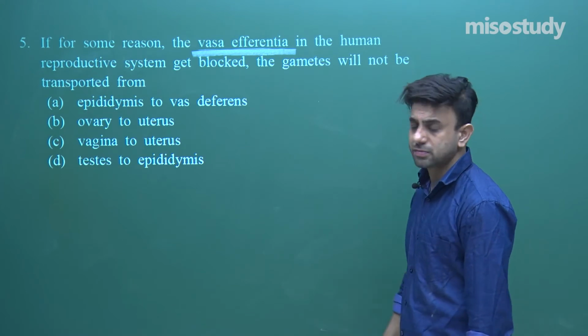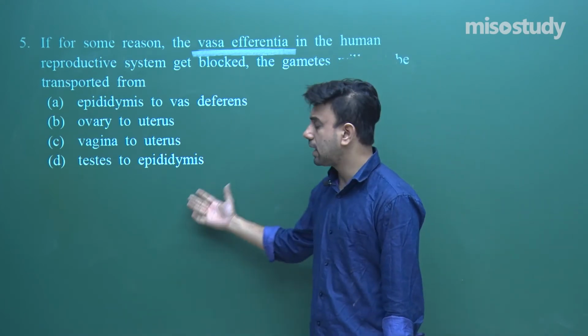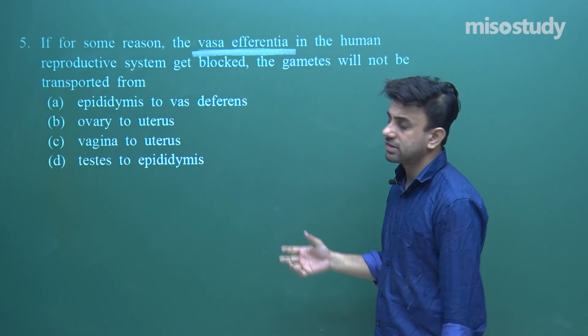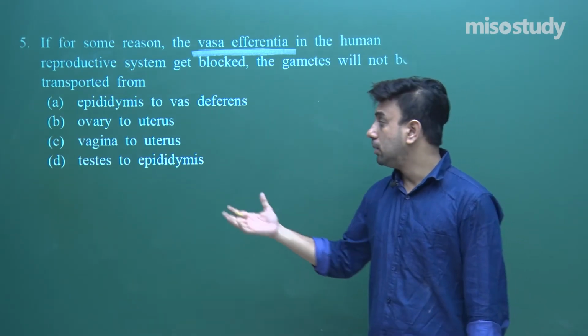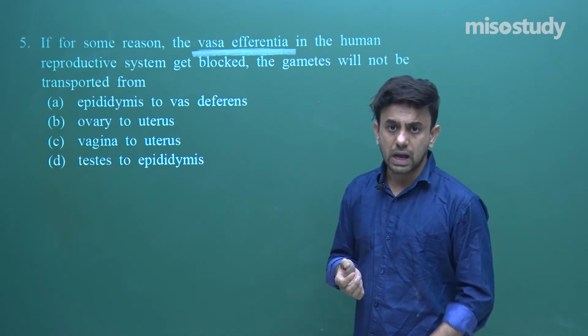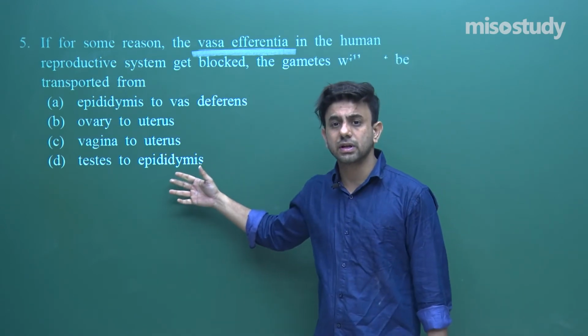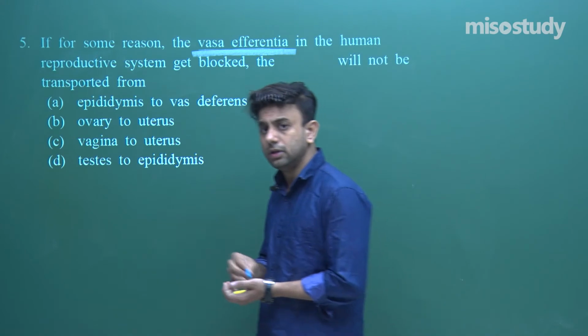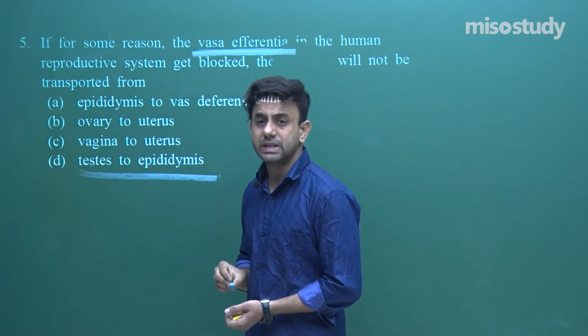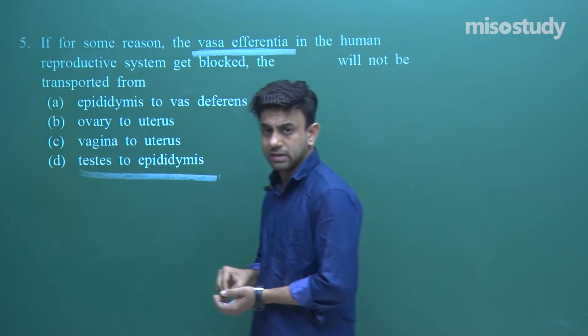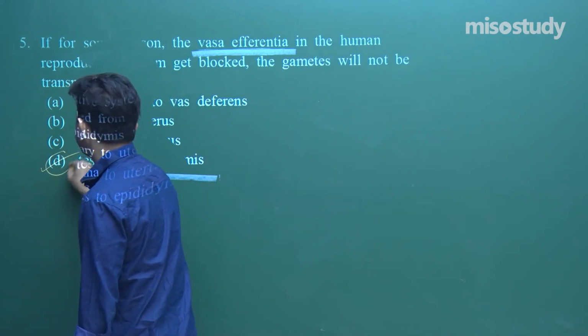The gametes will not be transported from the testis to the epididymis. We all know that the vasa efferentia are about 30 tubules which are found between the testis and the epididymis, and hence this is where this will connect from, right? The rete testis to the epididymis, and hence this will be the correct option.